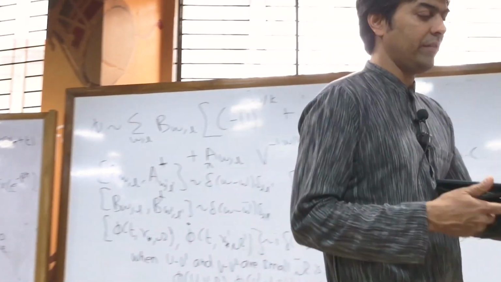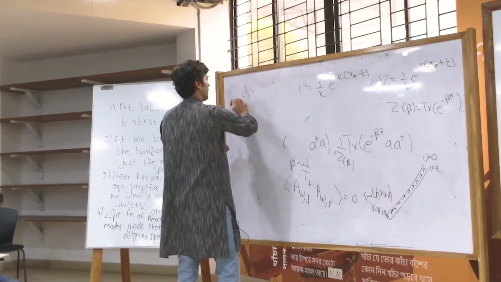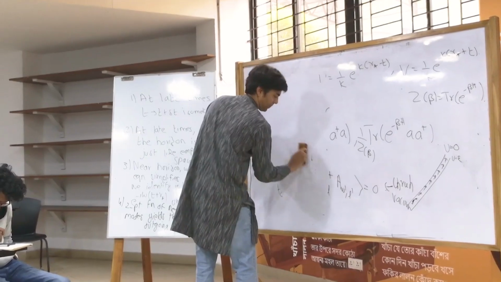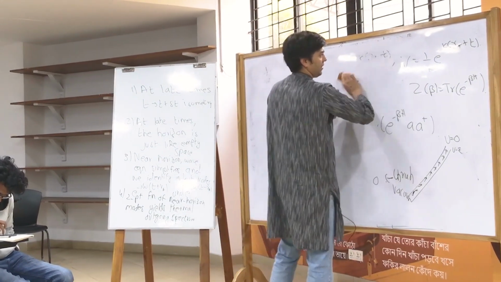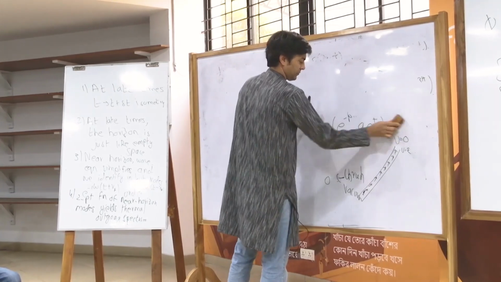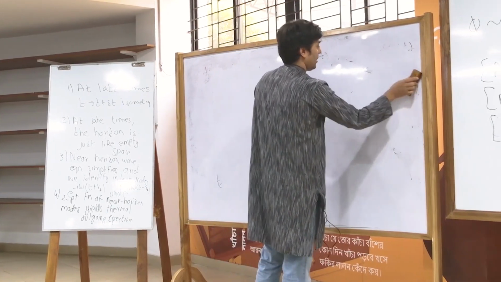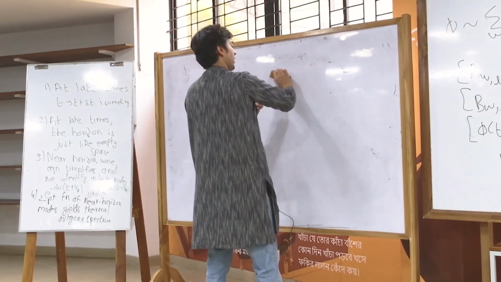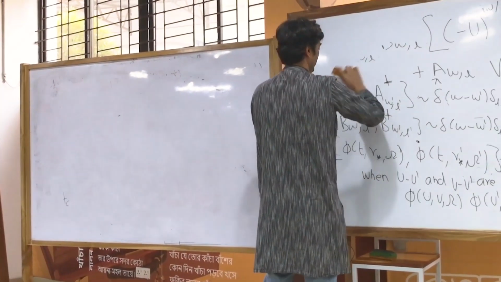Now I'm going to erase a lot of this. So what do we need now? There are many kinds of radiation that happen from realistic black holes.